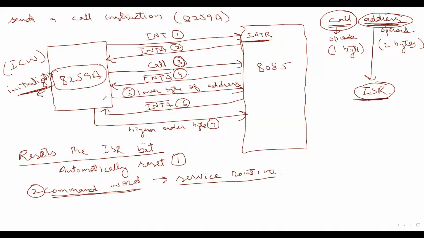Now the question arises: how can we program this 8259A device, or how can we send initialization command words to 8259A? And how are these addresses determined? For example, 8259A will send the lower order byte and higher order byte of the address, but it should know which address to use for which interrupt.